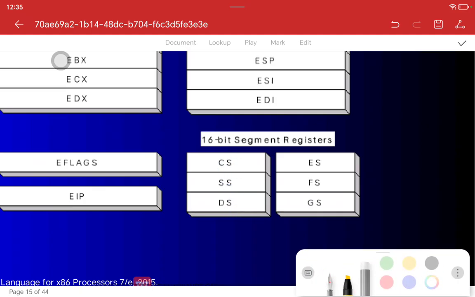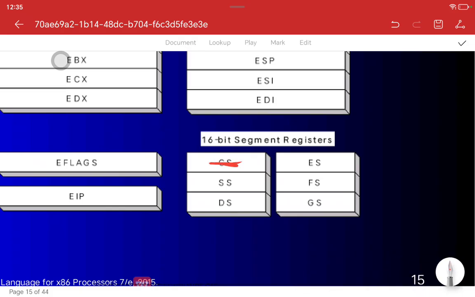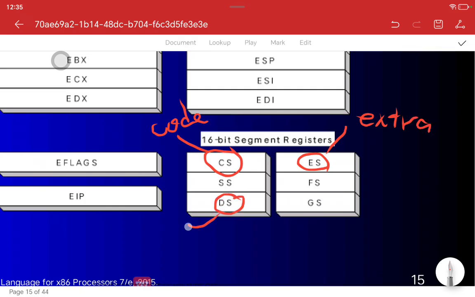And C, the first one, is called the code segment, right? And then this one is called the data segment, and this one is the extra segment. So this is the code segment, extra, and this one will be the data segment. It is much easier for you to know these three.